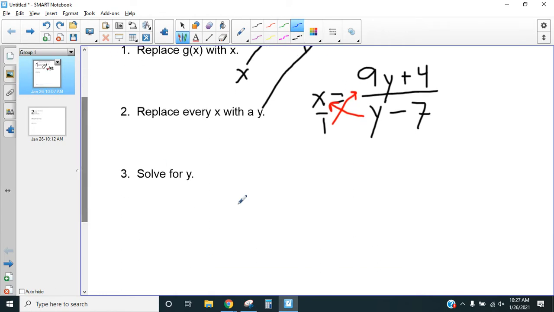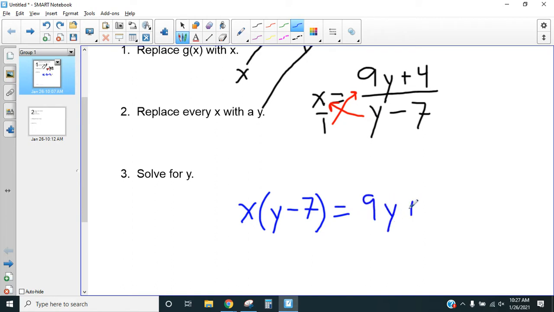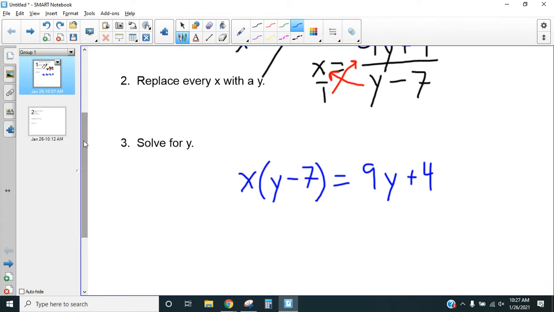So here's step 3. We're solving for y. Now, keep in mind, we're not going to get an answer that is a number, right? We're going to get a new equation. What do you think the next thing to do is?